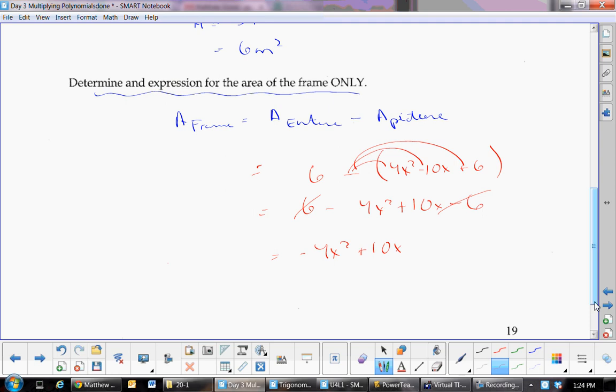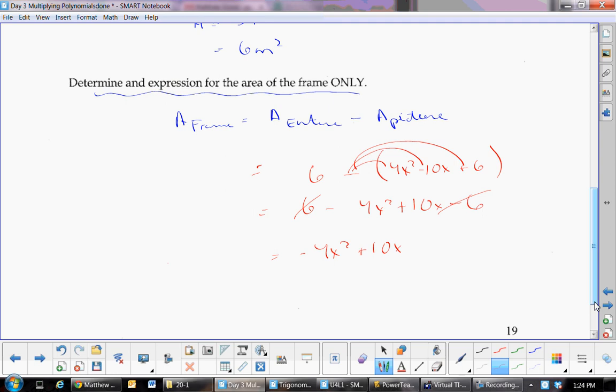Now, does this make sense? If x was 1, it would make sense, right? Because 1 squared times negative 4 is negative 4 plus 10, it's 6. But if x starts to get to 3, 4, or 5, that means your frame's getting too big. Your frame's just overwhelming the picture. Do you see that?